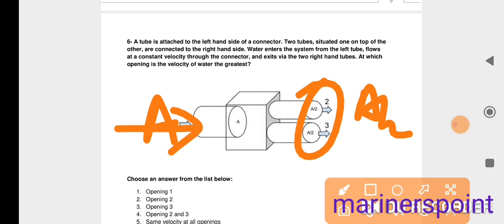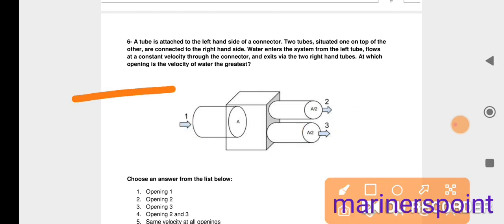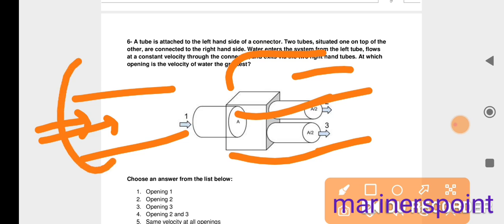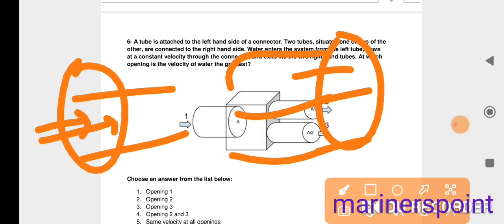You can easily understand it like this: water is coming and you connect two pipes of equal area, then the velocity at the second and third pipe is the same, because the amount of water coming and going is equal. It is said in the question that the amount of water coming or going is the same, and the total cross sectional area is the same, that's why the velocity is the same throughout.